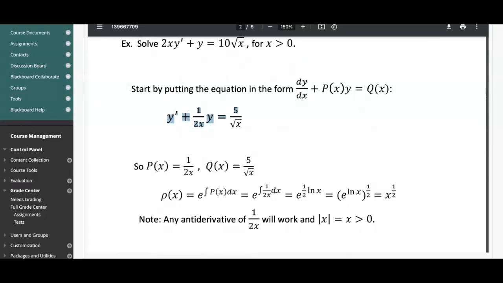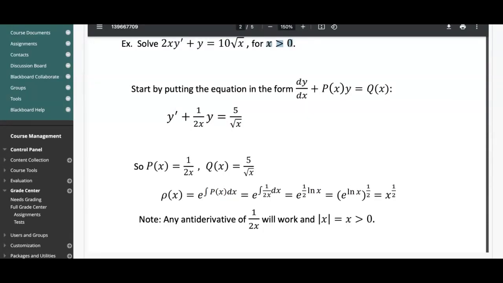We have p of x, which is 1 over 2x. We calculate our integrating factor, which is e to the power of the integral of p of x. So this is integrating 1 over 2x. We can pull the half scalar out, so integrating 1 over x is just ln x.